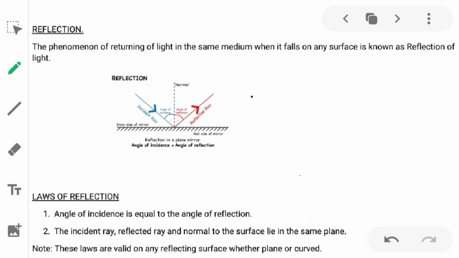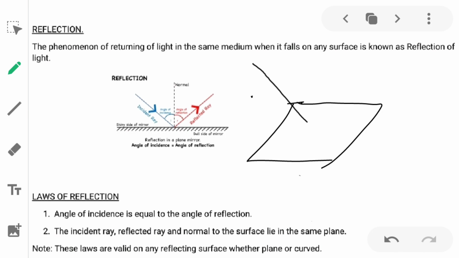Now we'll see some terms related to reflection of light. For that, consider a reflecting surface. Now, a ray of light AO is incident on that reflecting surface.